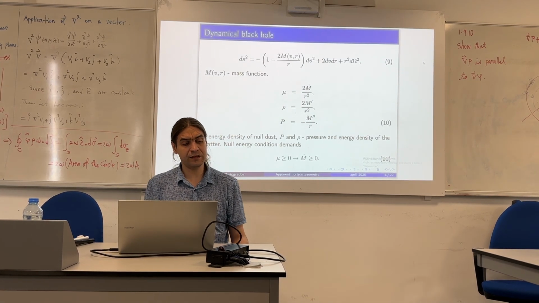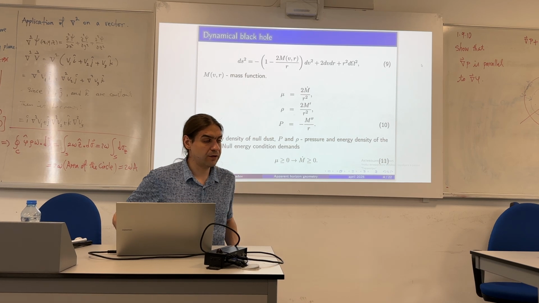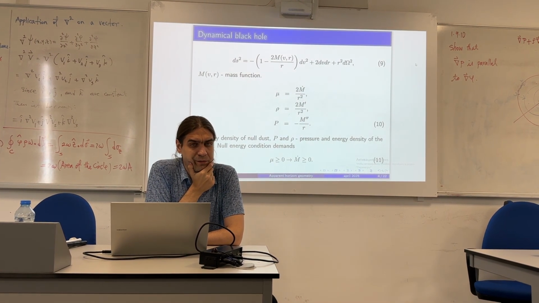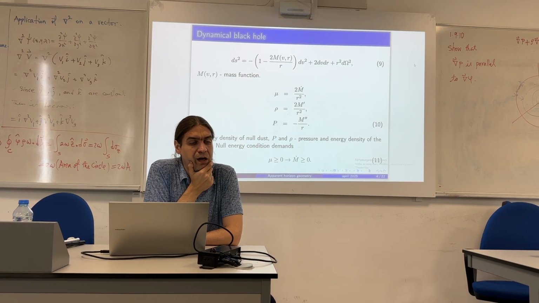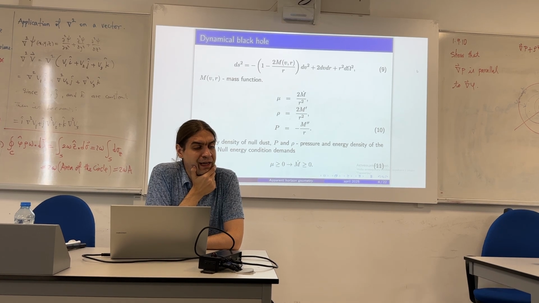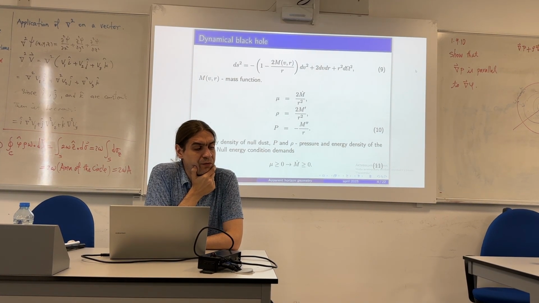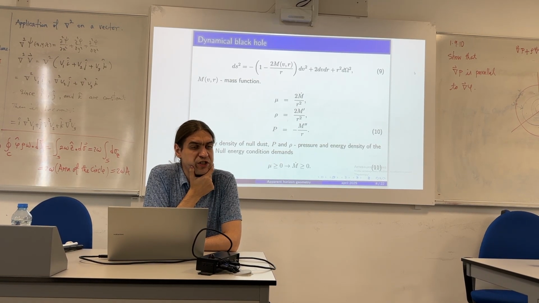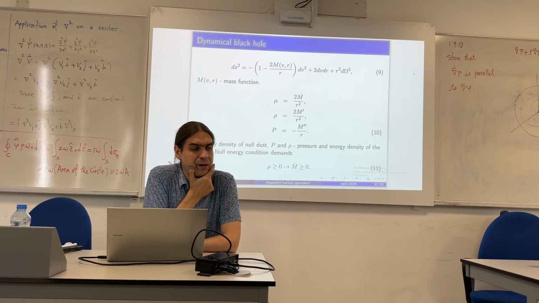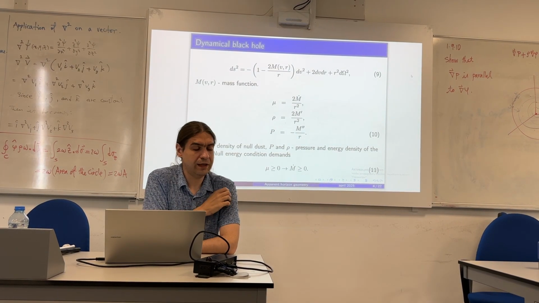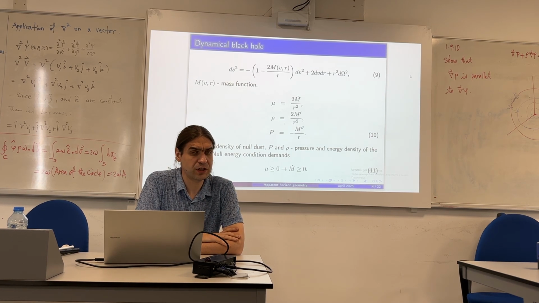So let's consider the general case of a black hole. We have just a generalized Vaidya spacetime as the exterior geometry. The mass function here depends on both the time coordinate v and the radial coordinate r. And we have three physical quantities which support this solution. It's P and rho, the pressure and energy density of usual matter, any matter which you want to consider, just introduce the equation of state.